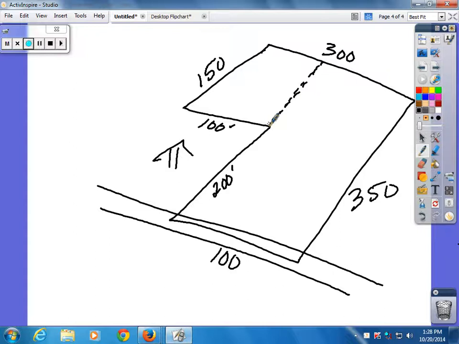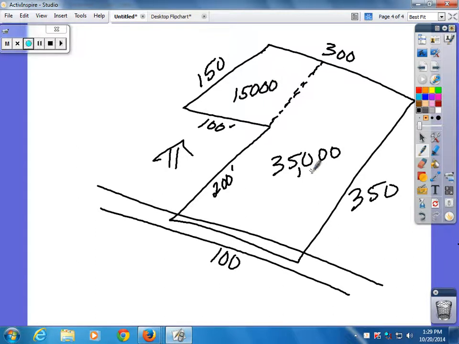You take this guy, 350 by what? 100. That's what? 350, and then add what? 2 zeros. That's the area there. And then what is this guy? Well, 150 by what? 150 by 100 is 150, and then what do you do? Add 2 zeros.